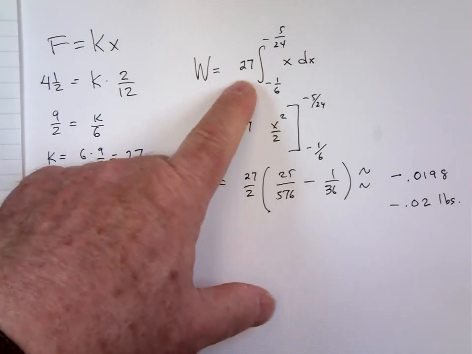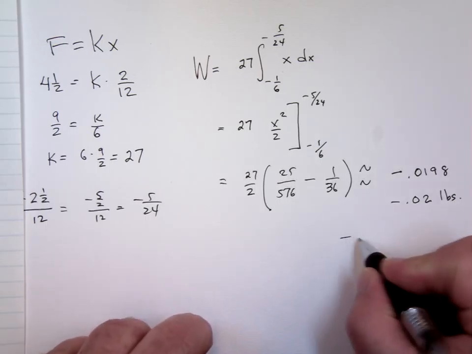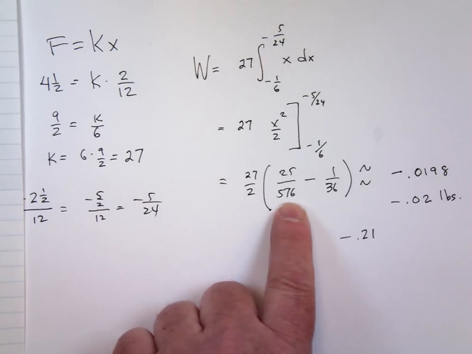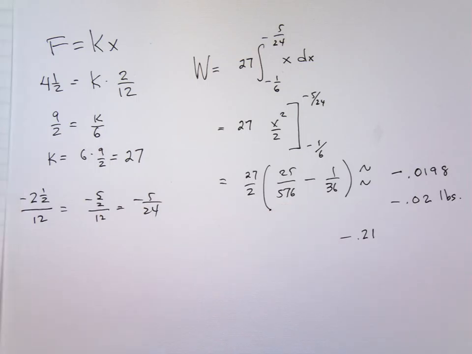Okay, I get 0.21. Anybody else have confirmation here? 0.21 also. And if it's negative, you're going up this way, positive if you're going down that way, but you get negative. Okay, well, try that.